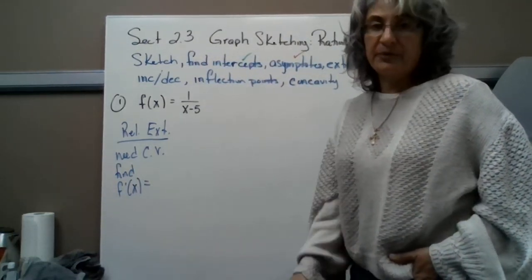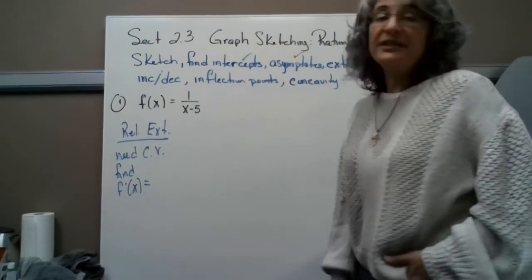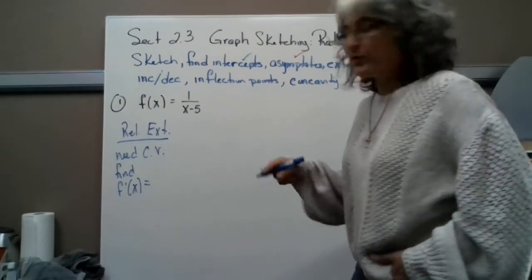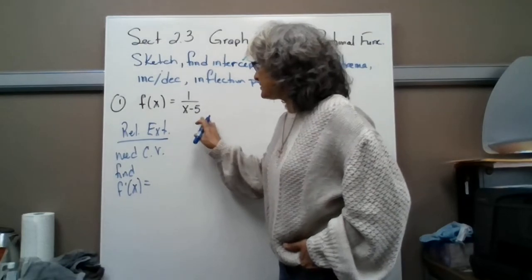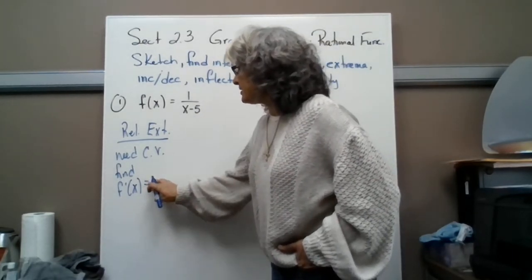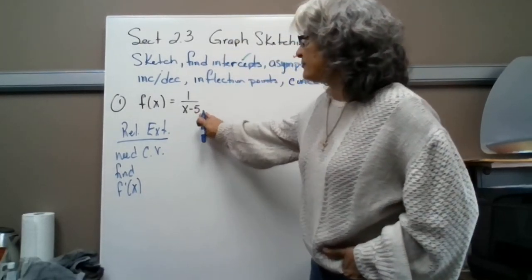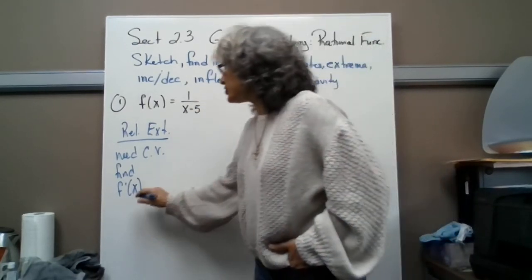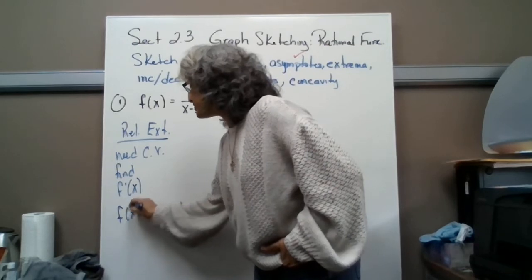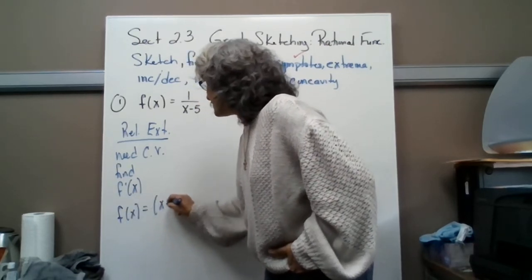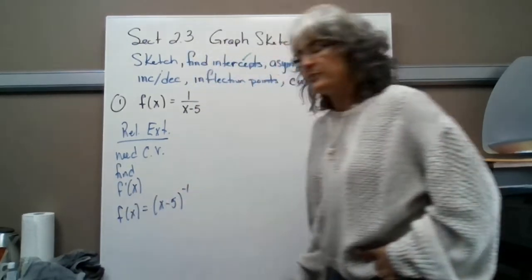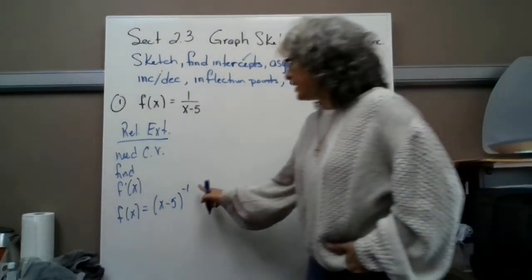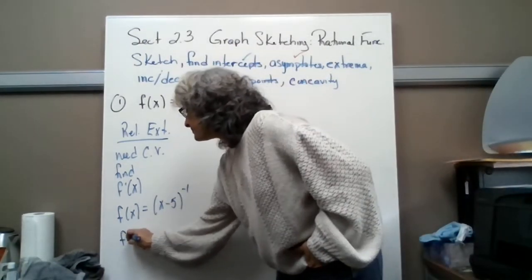I'm assuming you remember how to take the first derivative. But if not, let me go ahead and run this through. I personally would like this function written with no denominator. So I'm going to rewrite the function so it is x minus 5 to the negative first power. The power rule says bring this down.